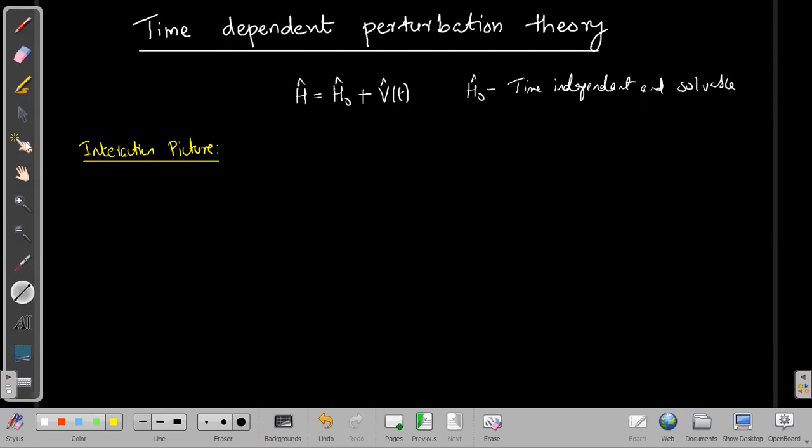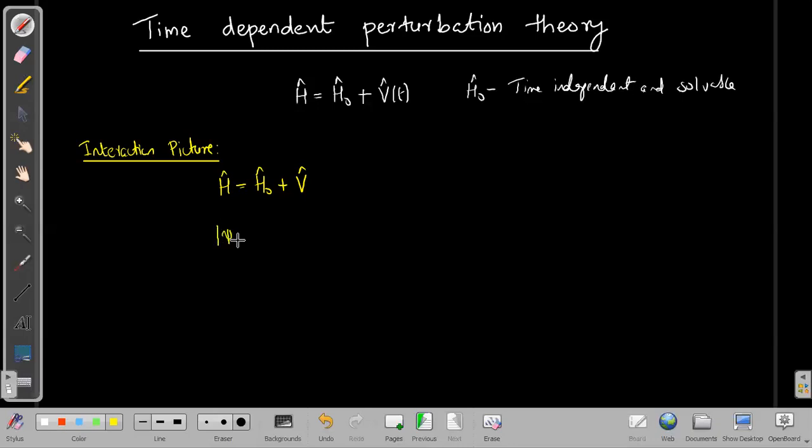Basically, in the interaction picture, if the Hamiltonian of the system has two parts, a free part and a perturbation part, then we can define the state and the operator in the interaction picture as follows.